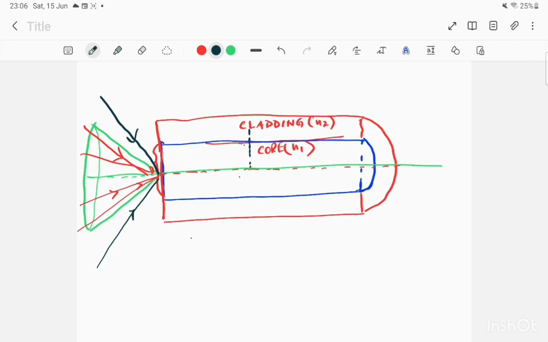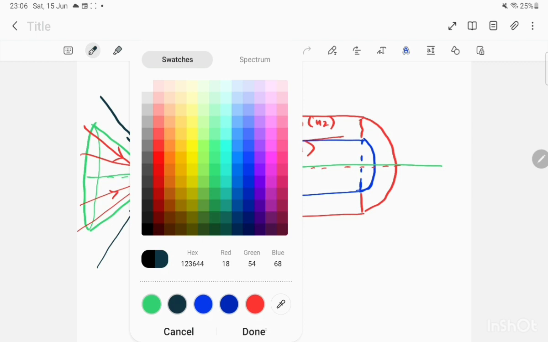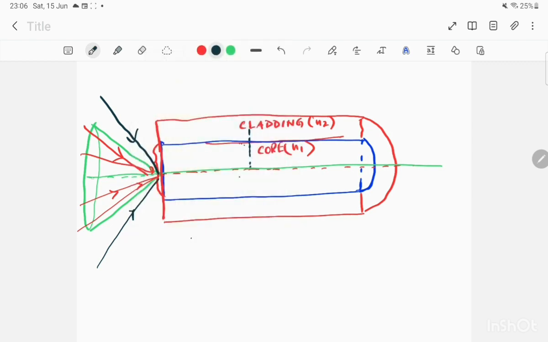So if I consider this to be the core axis, this particular angle of this cone, say alpha, is called the acceptance angle.